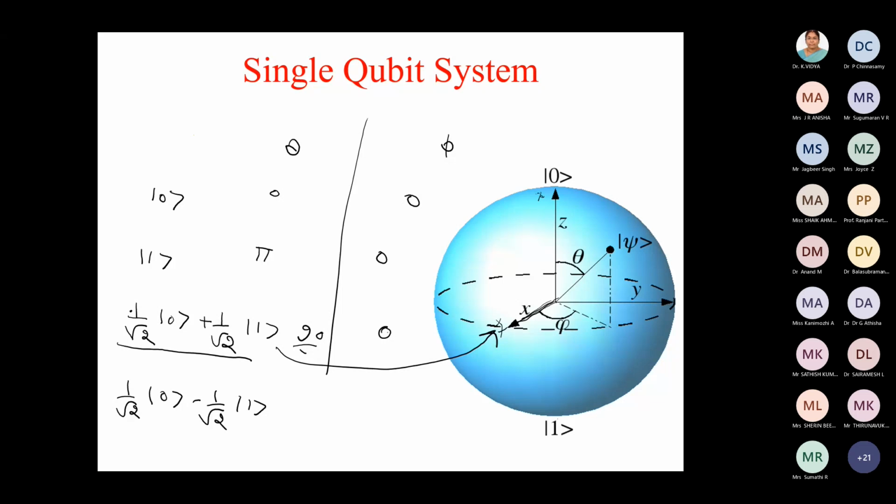If I ask you where the point 1 by root 2 times 0 minus 1 by root 2 times 1 will lie: in this case also theta is 90 and phi you will come to know is 180. Can anyone tell where this point will lie? Theta 90 means the point will be on the xy plane.